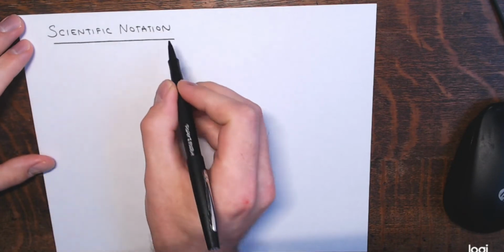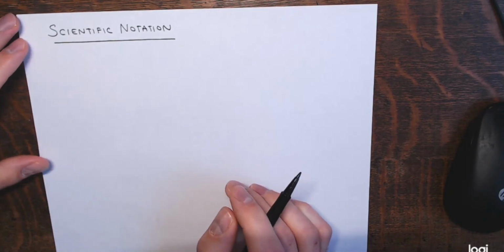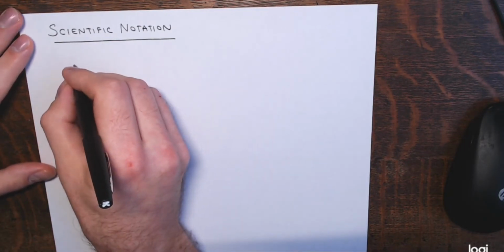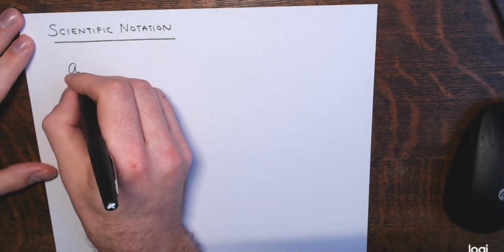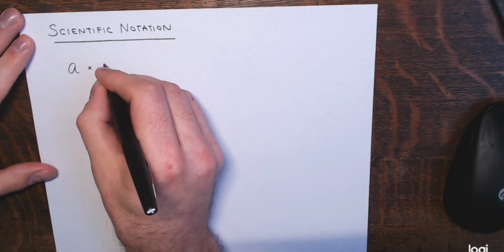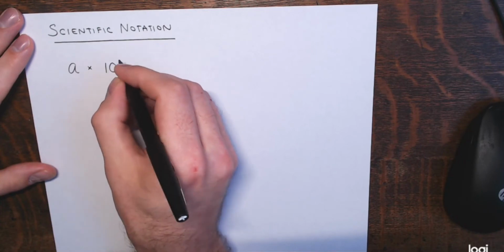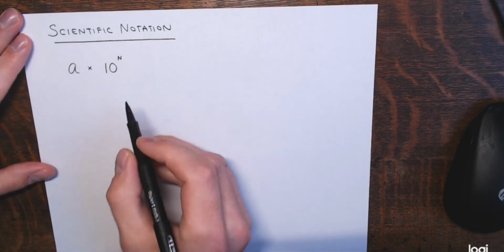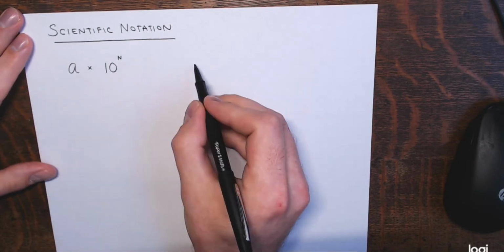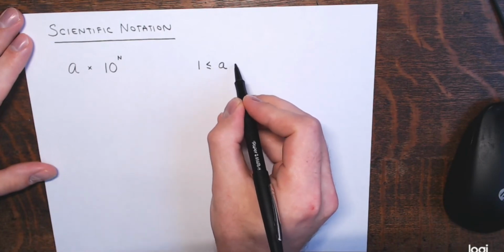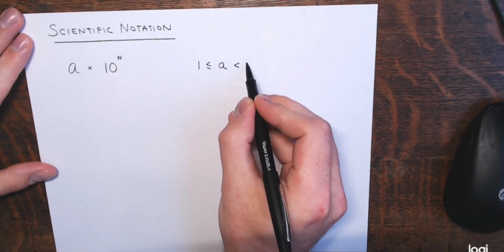A number is in scientific notation if it is written in the following form: as some number a times a power of 10, say 10 to the n power. And this value of a has to be greater than or equal to 1, but also at the same time less than 10.